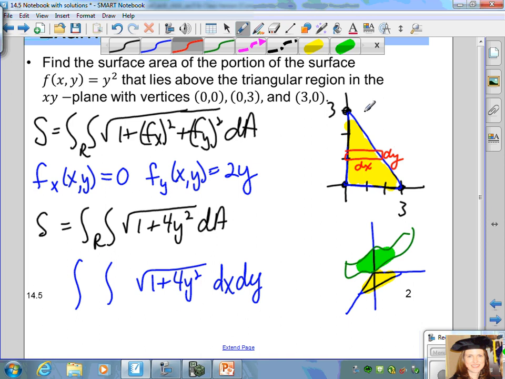Now we need the equation of the line segment that connects the points (3, 0) and (0, 3). You can find the slope between those two points. We know the slope is negative 1 (down 3 over 3), and the y-intercept is 3, so using y equals mx plus b, the line is y equals negative x plus 3.